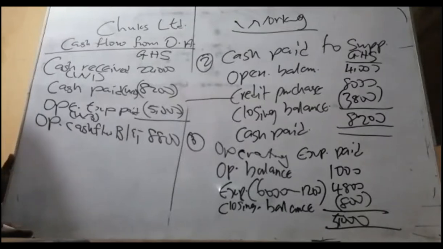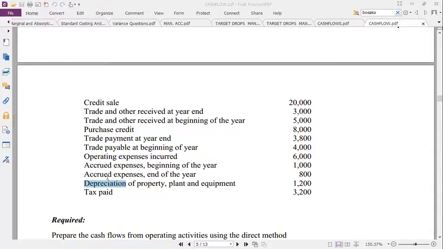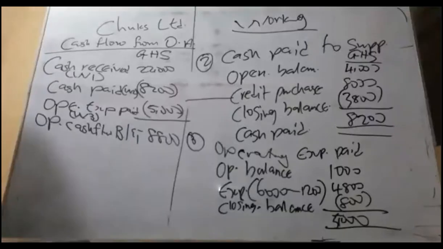Then what next? Interest paid. Do you have interest paid on the list? Interest, no. Okay. Then move on to tax paid. Yes, there's tax paid of what? 3,200.